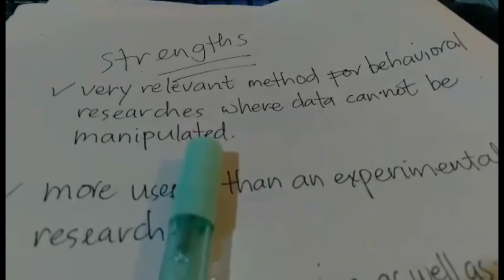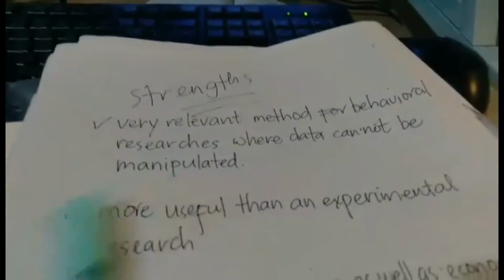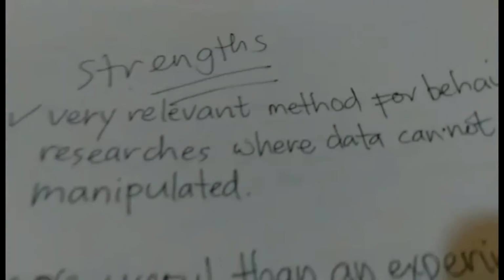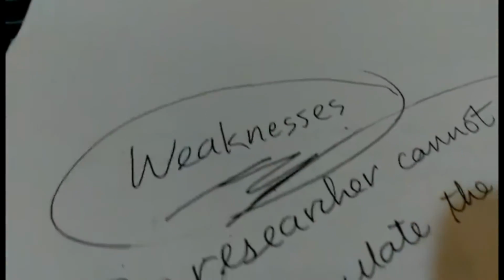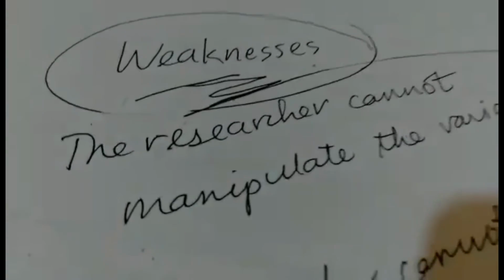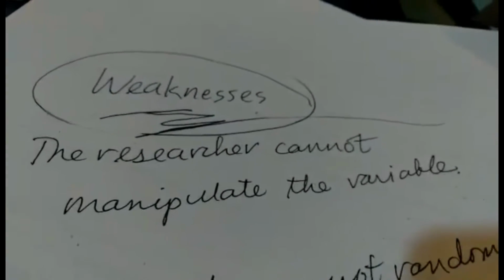Fourth, it is less time-consuming as well as economical. Fifth, it gives a chance to the researcher to analyze on the basis of personal opinion and then come out with the best possible conclusion. However, there are also noted weaknesses as well as limitations of ex post facto research, and these are the following.